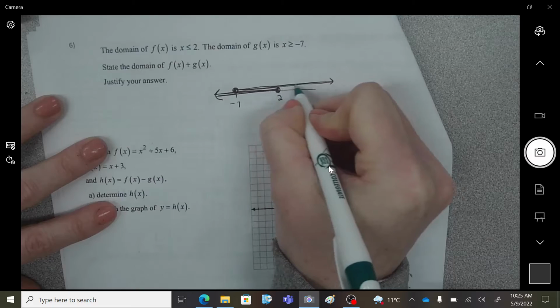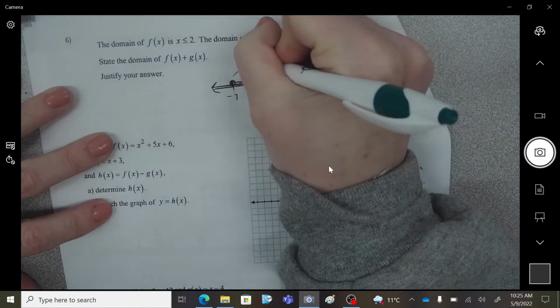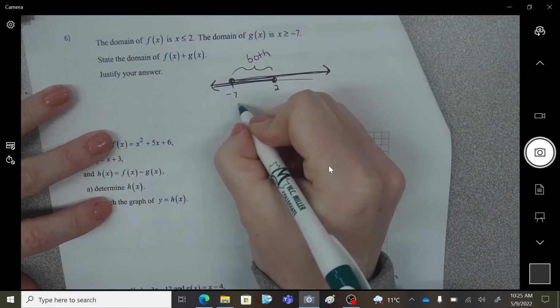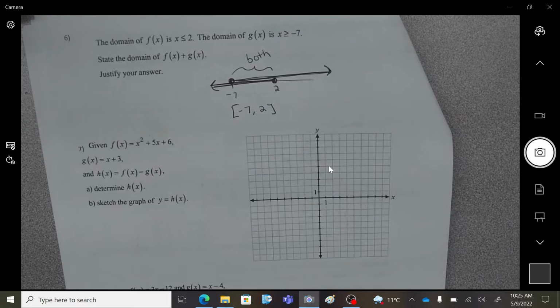So I can only do a composite function where they both exist. So therefore, from negative 7 to 2.